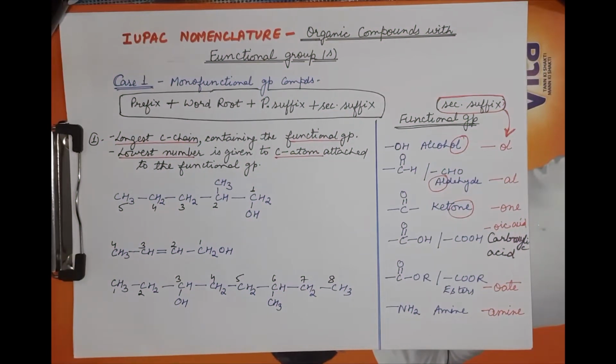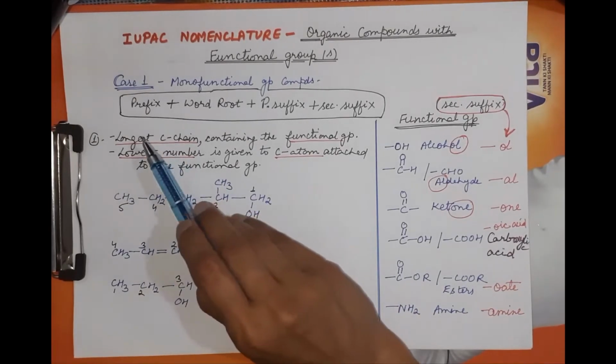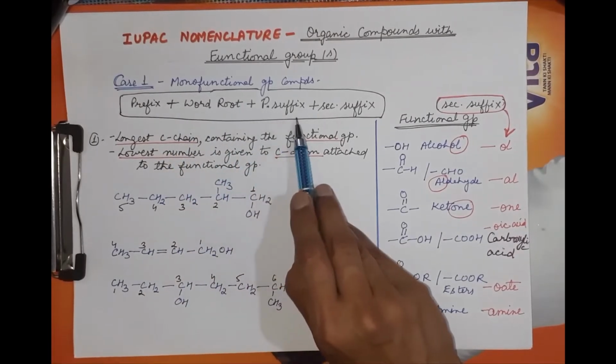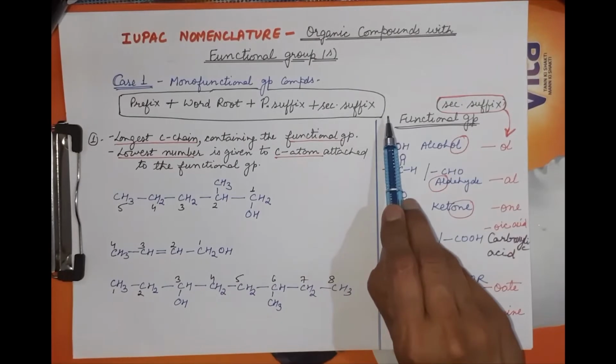Before coming to this, let me discuss what we have studied earlier about the general formula for writing the IUPAC nomenclature. This is the general formula: prefix plus word root plus primary suffix plus secondary suffix.